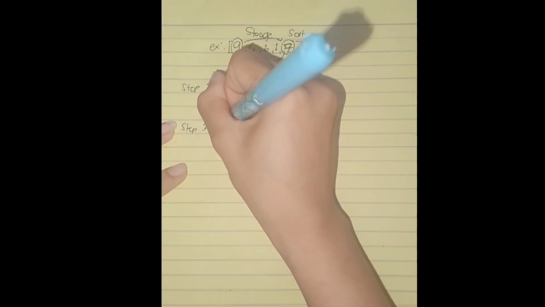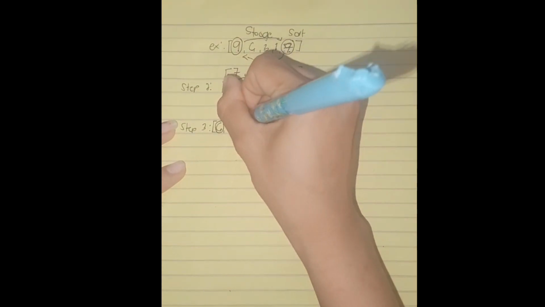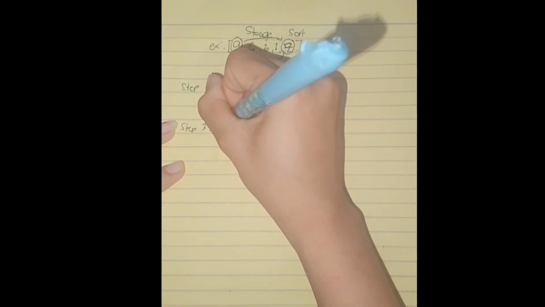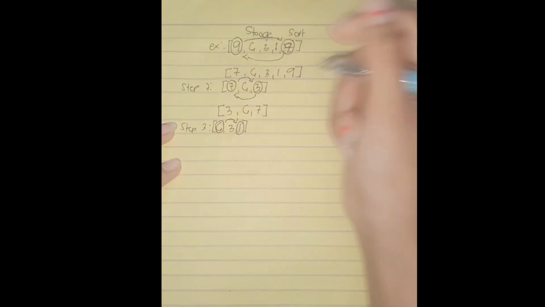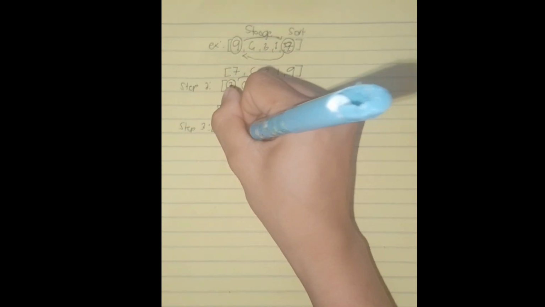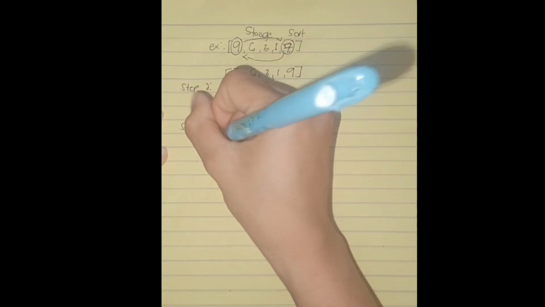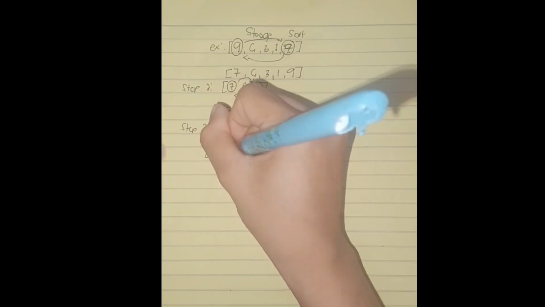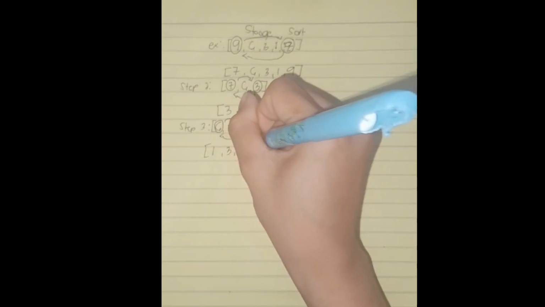We compare again the first element and the last element. We have 6 and 1. Because 6 is greater than 1, we swap them. We have 1, 3, and 6.